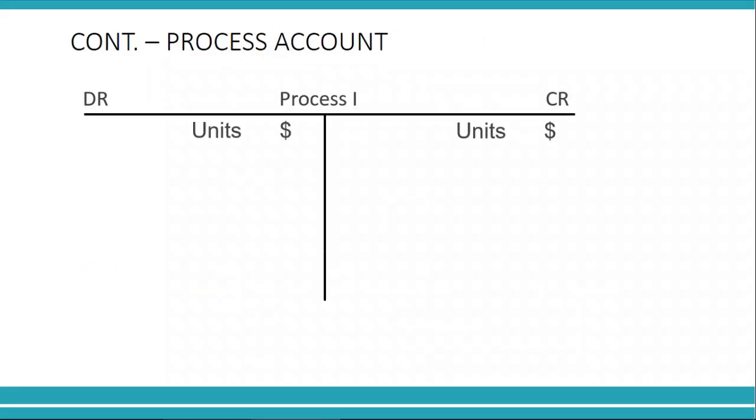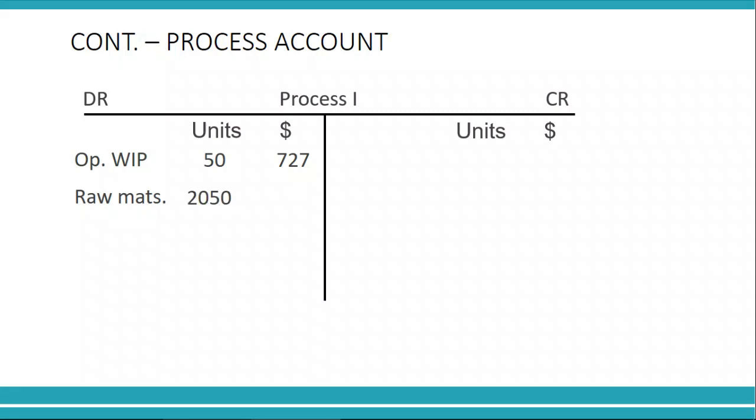So in process accounting, we create our process account, and we have opening work in process 50 units. Then the value of those 50 units was $727. Then you have got raw materials in this next stage, which is for 2050 units you added 22,000 worth of raw material.